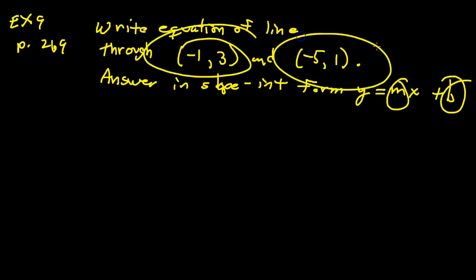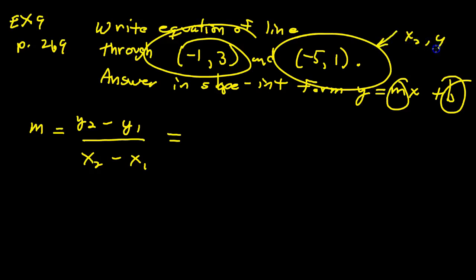Remember, if I'm given 2 points on a line, I can find the slope according to my formula y2 minus y1 over x2 minus x1, where x1, y1 and x2, y2 are any 2 points on the line. All right, so I'm going to let this point be x2, y2, and the other point be x1, y1. So y2 minus y1 over x2 minus x1.